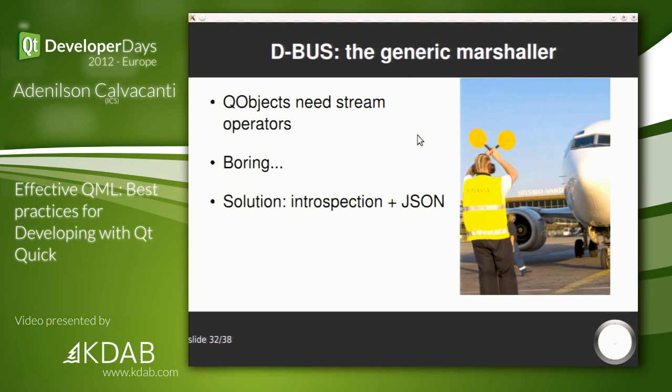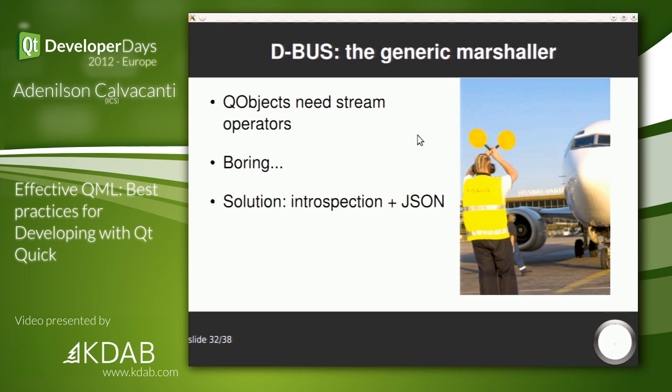There is a way to write a generic marshaller for Dbus. You just use a string. Returning to the example of a track object, imagine that I have a list of track objects.